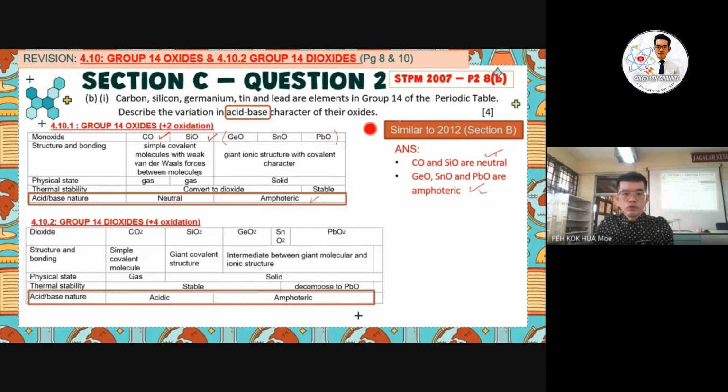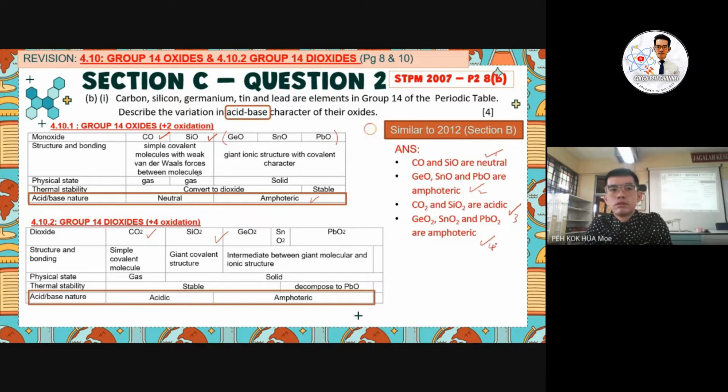Then the second part, you have to discuss the acid-base character of the group 14 dioxides. It is very clear that carbon dioxide and silicon dioxide are acidic, and germanium dioxide, tin dioxide, and lead dioxide are amphoteric. So you get another 2 marks here, total 4 marks. If no problem, I go to our next question.